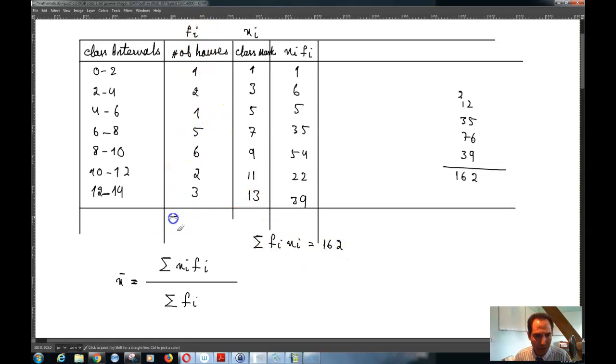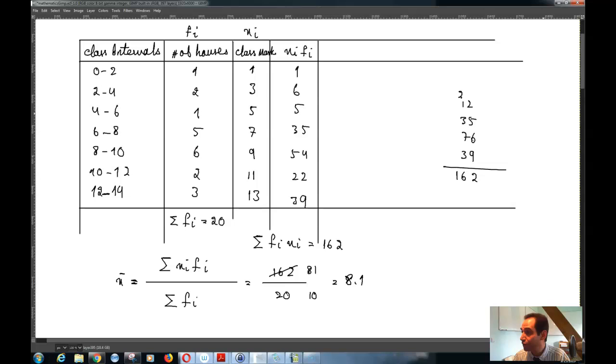And you can calculate your sigma f of i as basically 4, 9, 15. 15 plus 5 is equal to 20. So that's the same thing as 162 by 20, which is the same thing as 81 by 10, which is equal to 8.1. So that is the mean of your data.